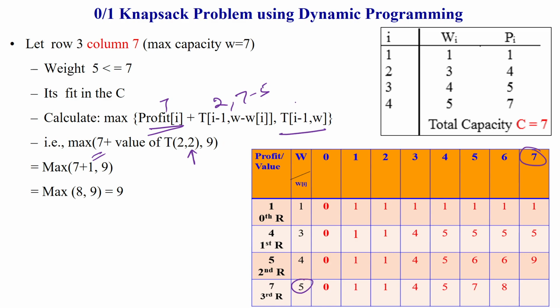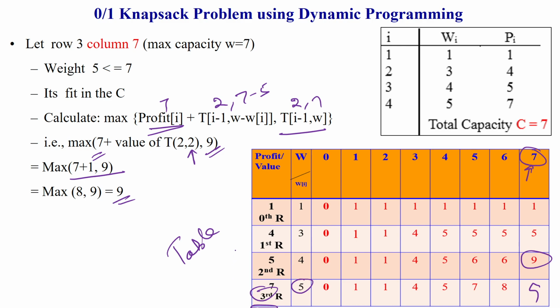Then 3 minus 1 is 2, 2 comma 7, maximum weight 7, t of 2 comma 7 is here 9, that's what is written here. So the maximum of 8 comma 9 is 9, so that is written. So now the table is constructed.